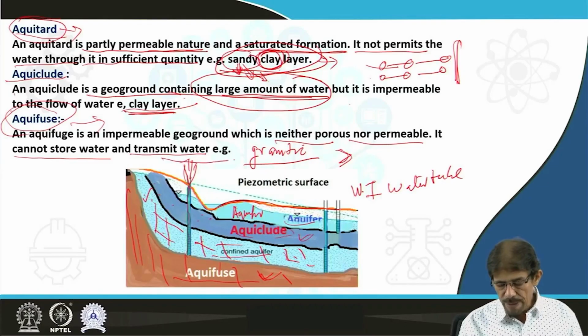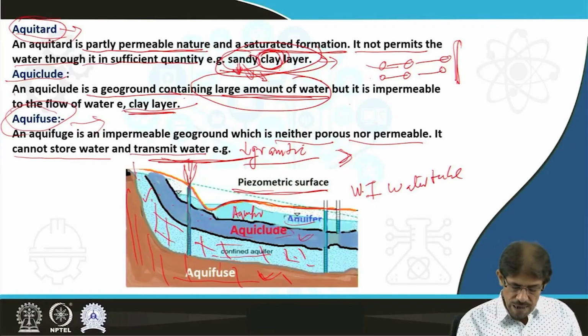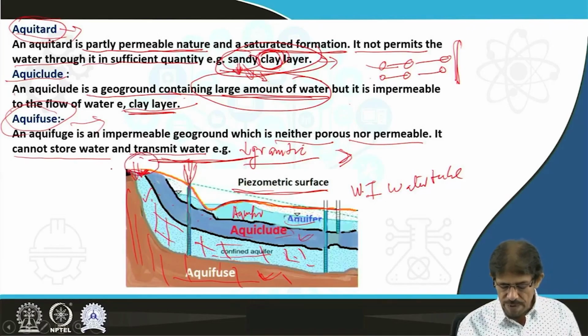The upper level where it balances with atmospheric pressure is recognized as the piezometric surface. The recharge of a confined aquifer occurs when the permeable zone is exposed to the surface, allowing percolation or ingress of water inside. We get this type of confined aquifer when the impervious zone lies above and below.